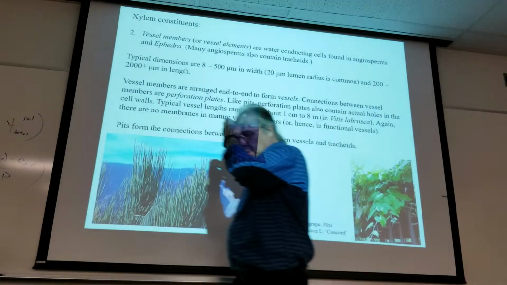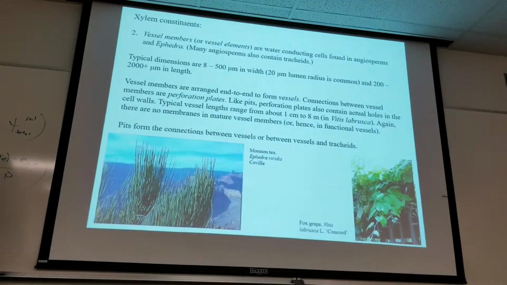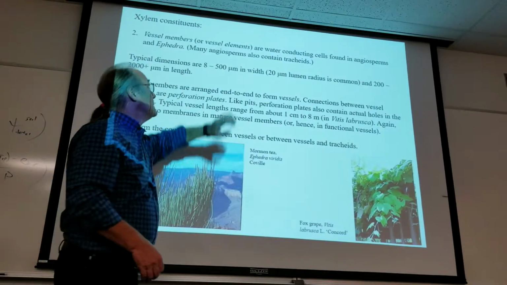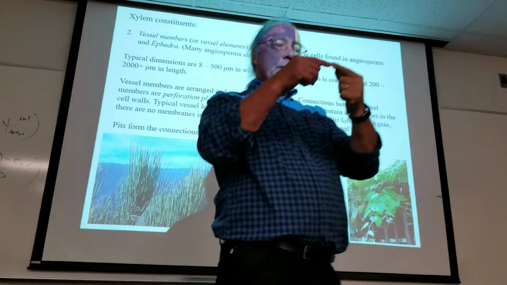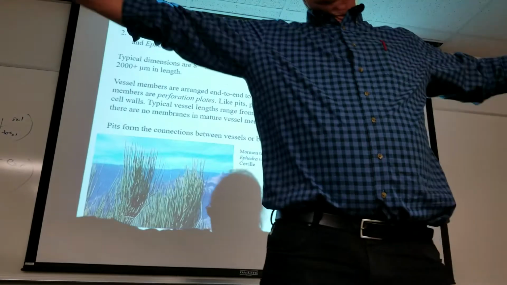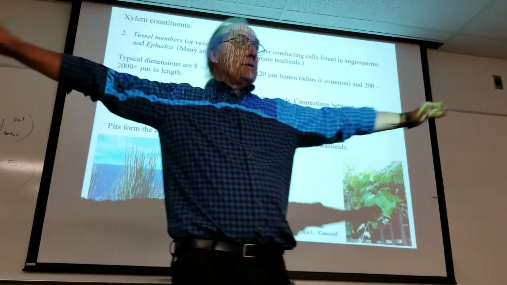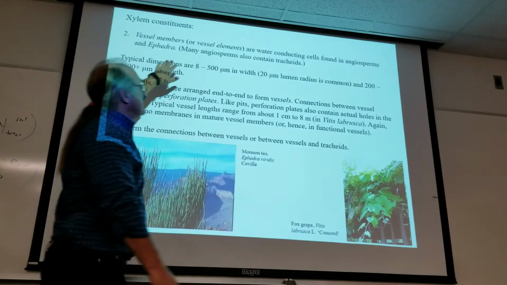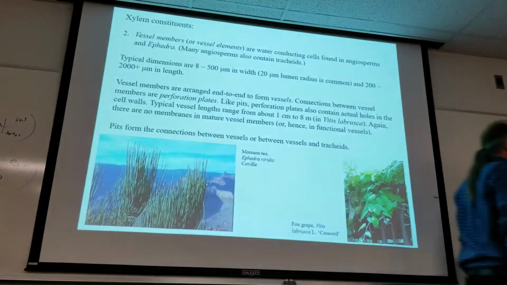The other kind of conducting cells found in plants are called vessel members. And they're called this because vessel members or vessel elements are arranged end to end into a big thing called a vessel. The whole structure is called a vessel. They're similar to tracheids.